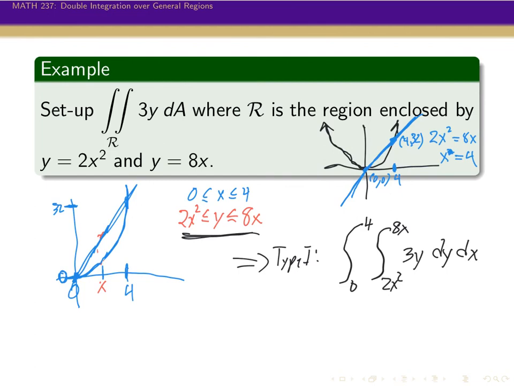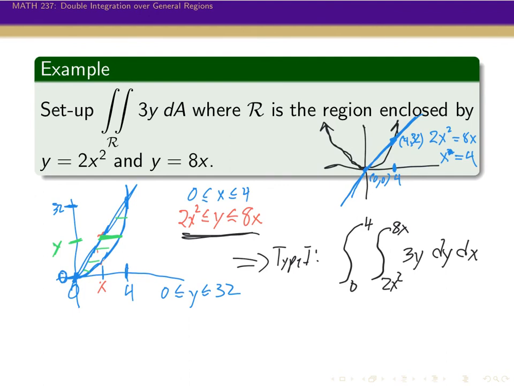Okay, so our y values are going from 0 to 32. Now, if we fix some y value in between and draw a horizontal line across, is there always some inside function that we hit first and some outside function we hit second? And if you draw horizontal lines across, yes, there is.